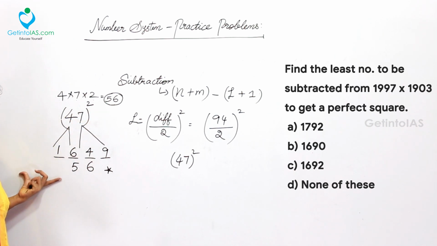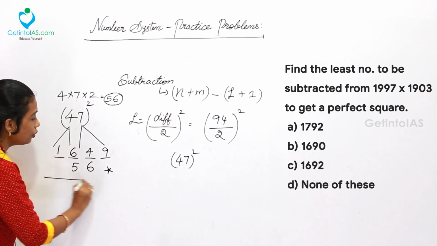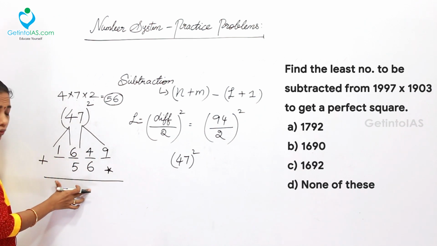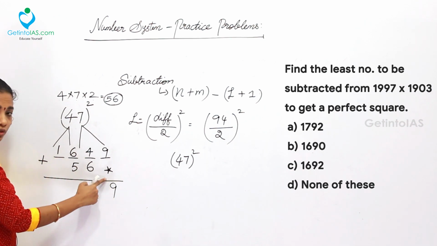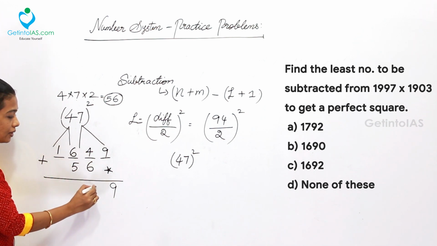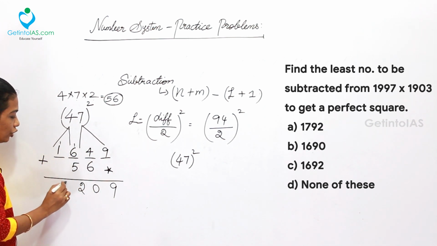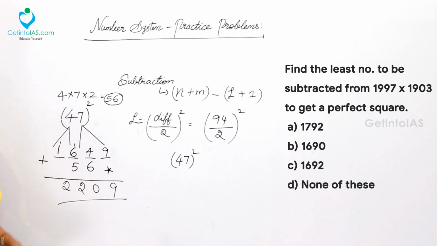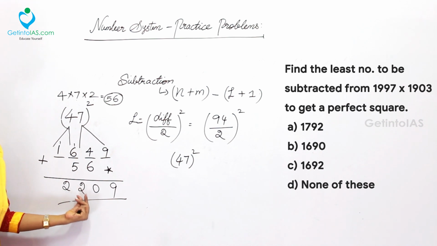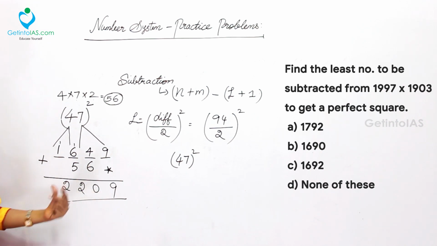If it is 4-digit, you can write like that. Now you can simply add these two values. So 9 star means 0, it is 9 here. 4 plus 6, 0, 1 here. 6 plus 6, 12, carry over 1. Finally, 47 square can be easily obtained using this trick. 2209, and that is the answer.